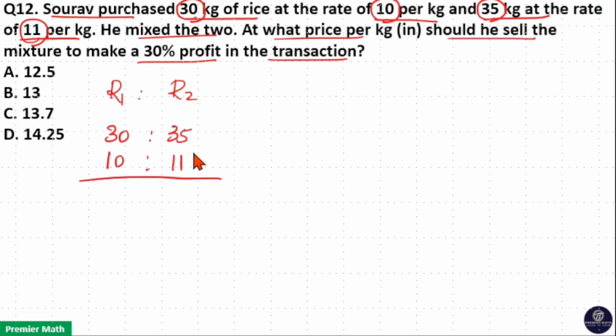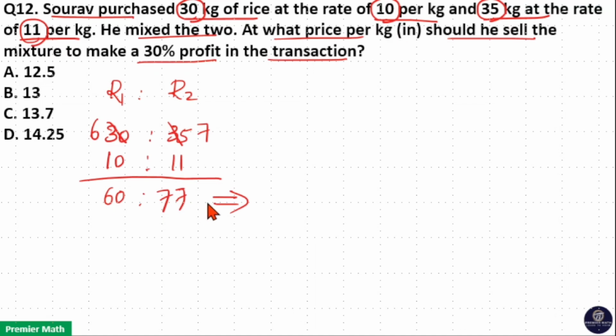Now take the ratio of the weights of these two varieties. Before taking the ratio, simplify it. 5 goes 6 times in 30, 5 goes 7 times in 35. Now 6 into 10 is 60 and 11 into 7 is 77. So the price of these two varieties in the new mixture is 60 is to 77.